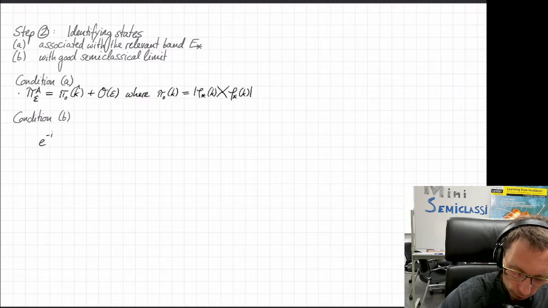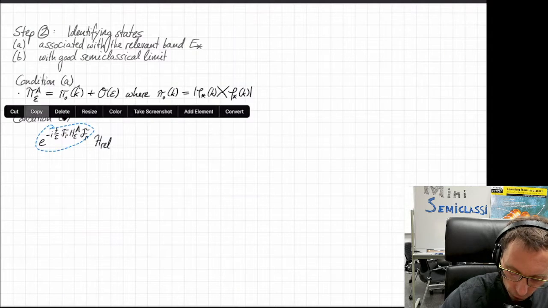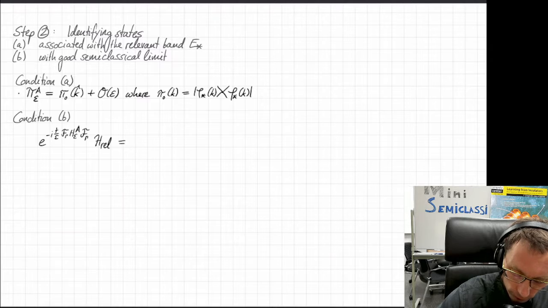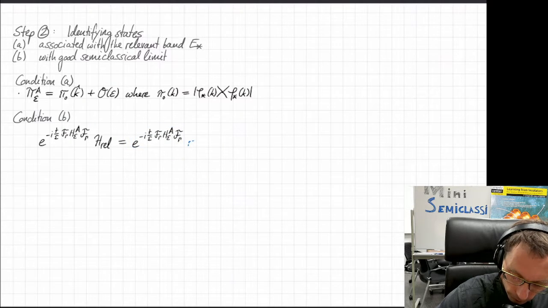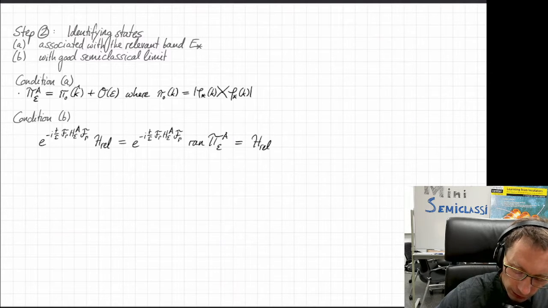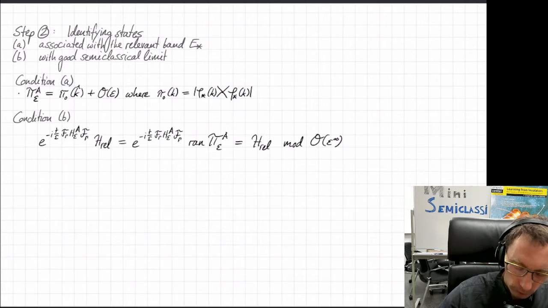If you apply the full quantum evolution to the relevant subspace, and this is just the range of the projection that we introduced earlier, then this should be preserved under the dynamics, at least modulo a negligible error.